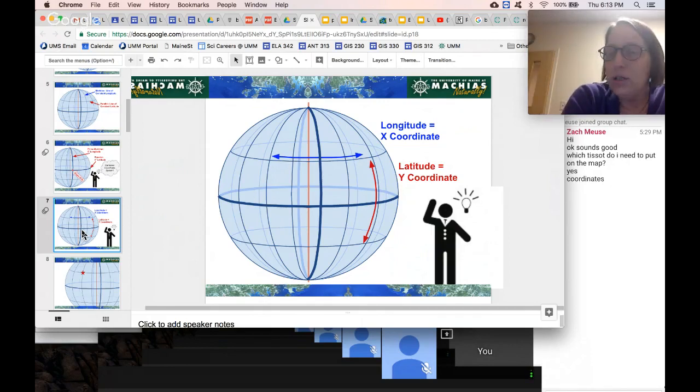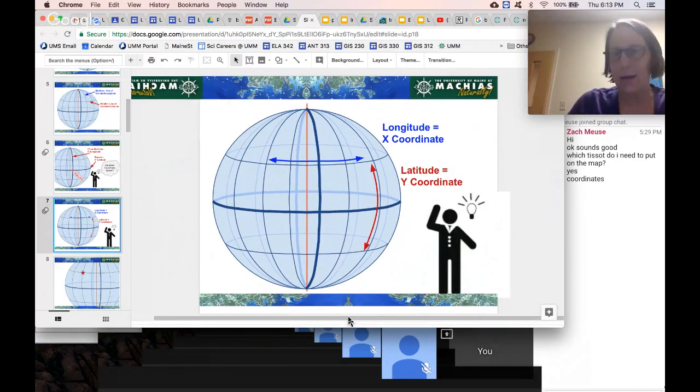So longitude is the x-coordinate. Pretty much every quiz you take from now till the end of the semester, you will have that question, and you'll probably get it wrong several times. So if you memorize, I'm not really big on memorization, but if you memorize anything, you probably want to memorize that longitude is x, latitude is y.